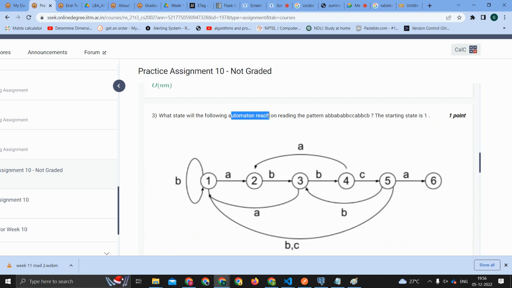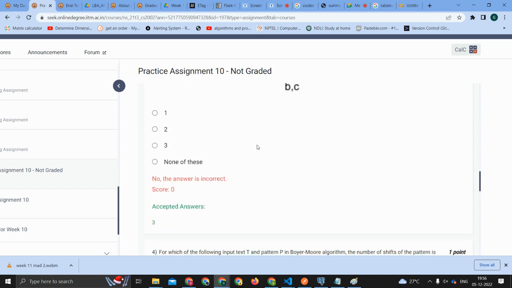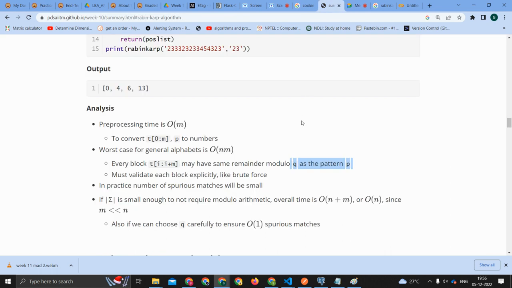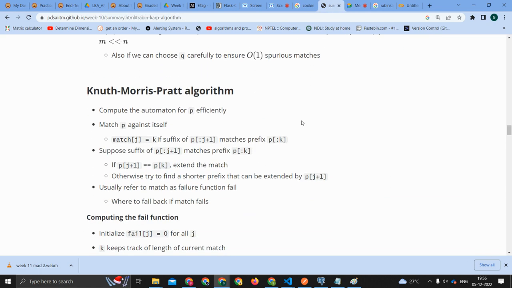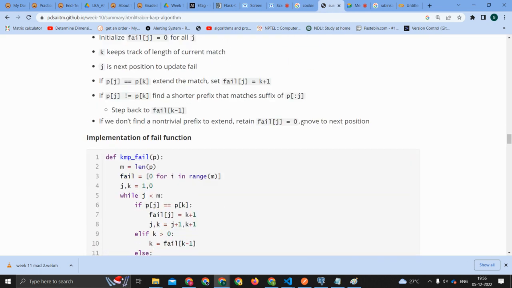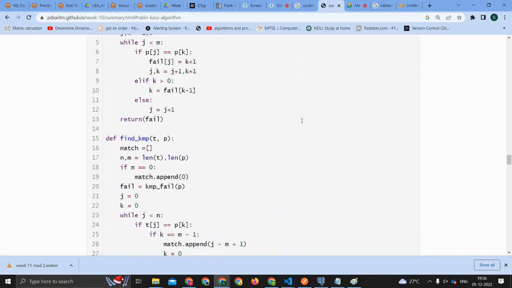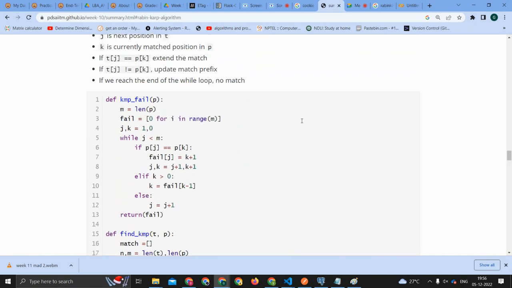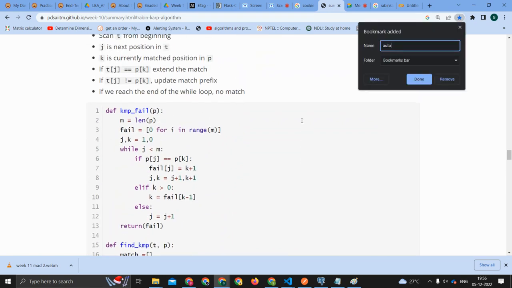Okay, so automaton. Has anyone gone through this automaton already? What is this automaton and why do we need this? Pooja is here. The later weeks are going to be a little bit troublesome.